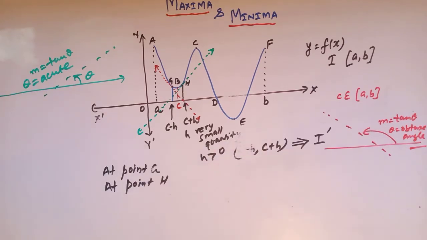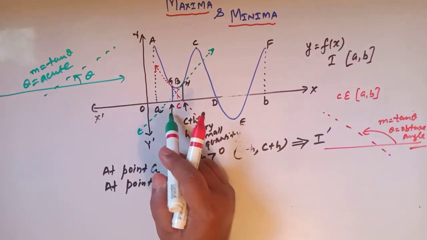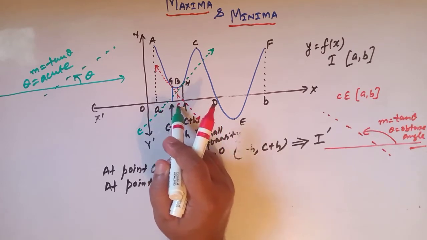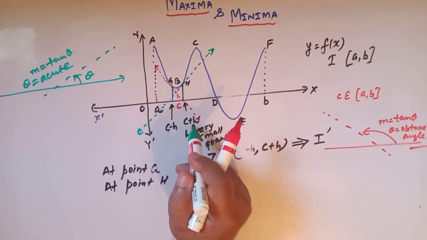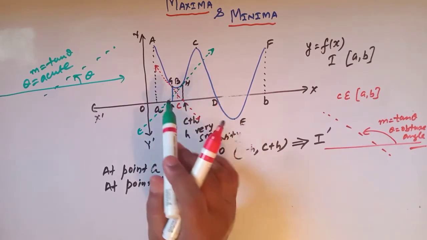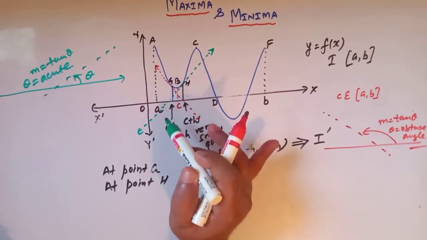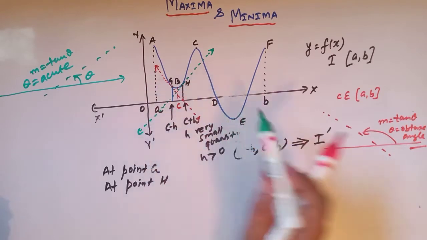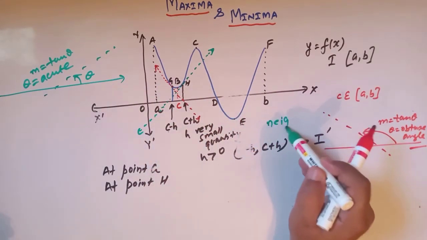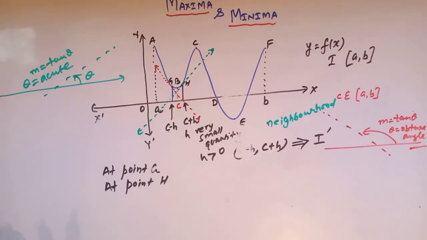So now let us summarize what we have discussed so far. We have a point C here. We are taking a point C minus H, which is very close to C. Similarly, we are taking a point C plus H, which is very close to C. Then we are drawing tangents at these points G and H, which are in the neighborhood of C. This is called a neighborhood, clear?